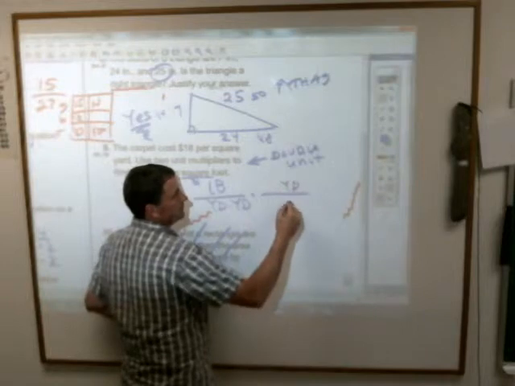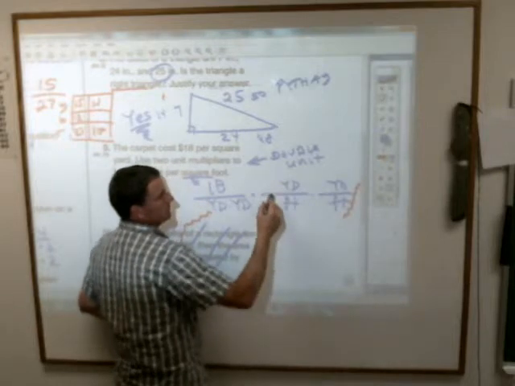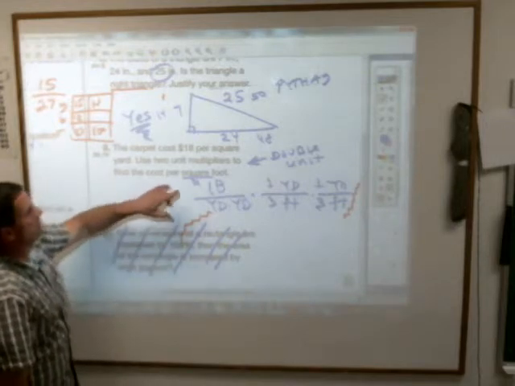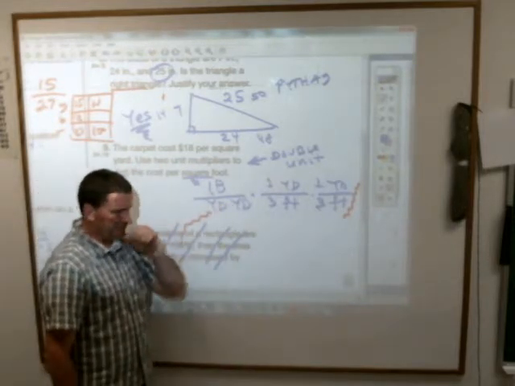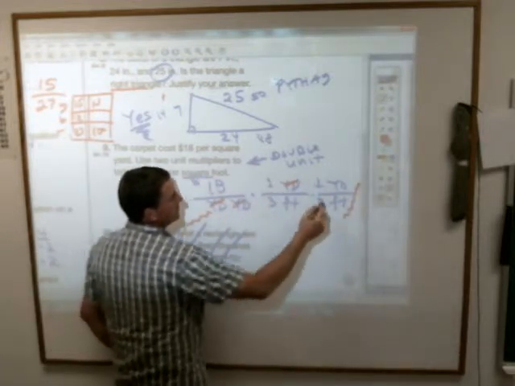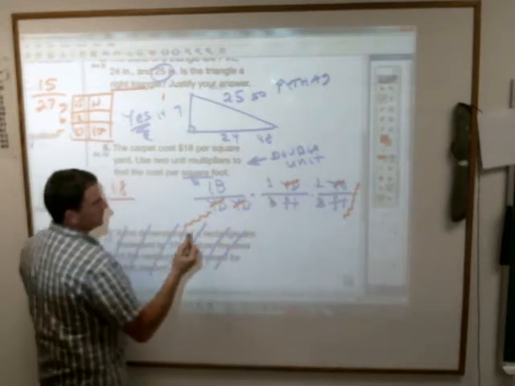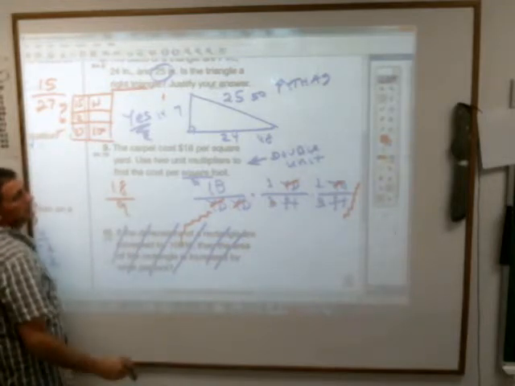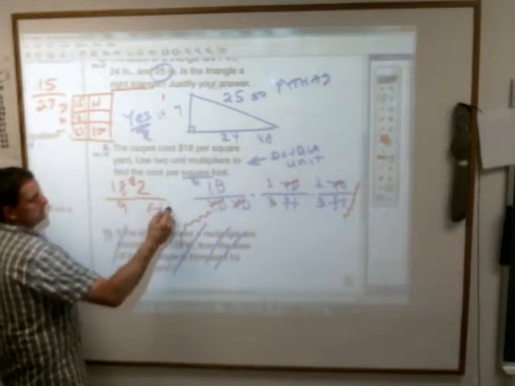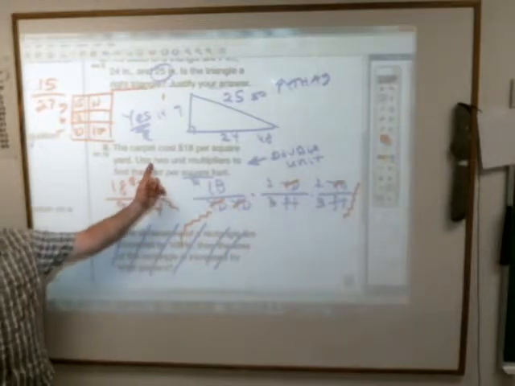So 1 yard, foot, and another unit multiplier that has yards over foot on it. 1 yard is how many feet? 3. Because this was square yards, I need double of them. Now when they cross off, boom, yards, yards, yards. It's going to be 18 over 3 times 3, which is 9. 2. So you end up with a 2 on top. It's $2 over square feet, or $2 per square foot.